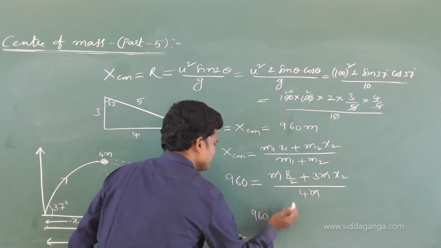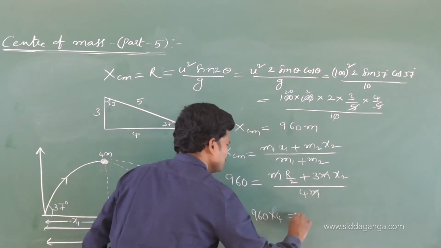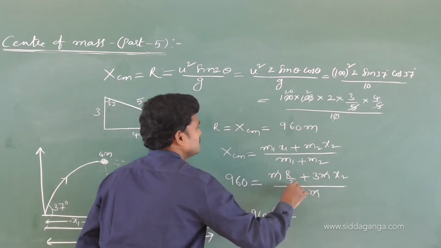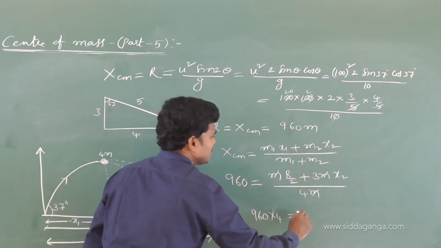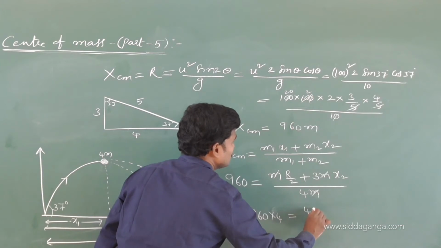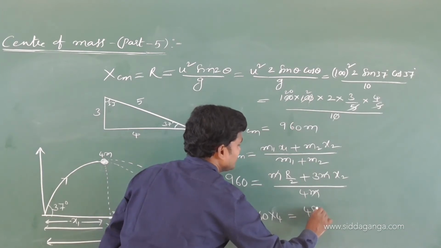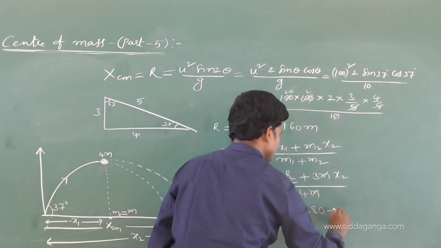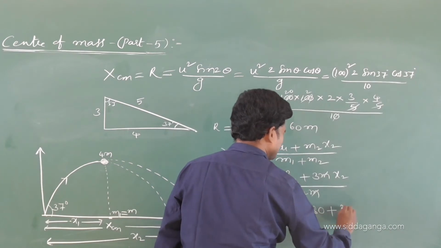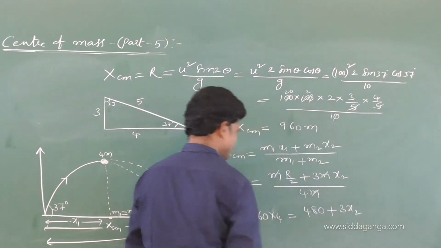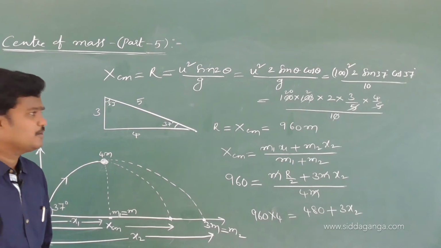Take this 4 to the left: 960 into 4 equals r by 2, range by 2, which is 960 by 2, that is 480, plus 3x2. Solve for the x2 value.